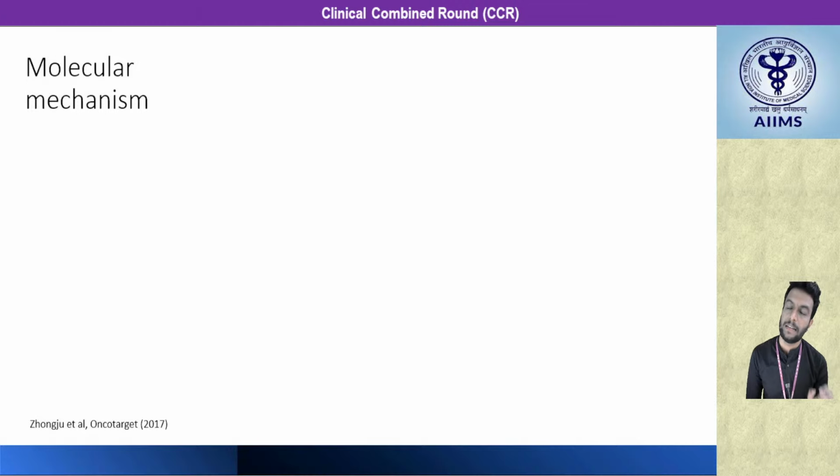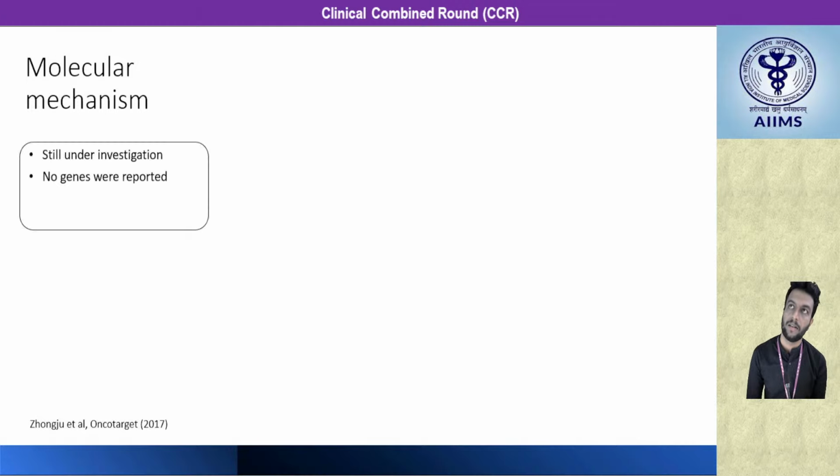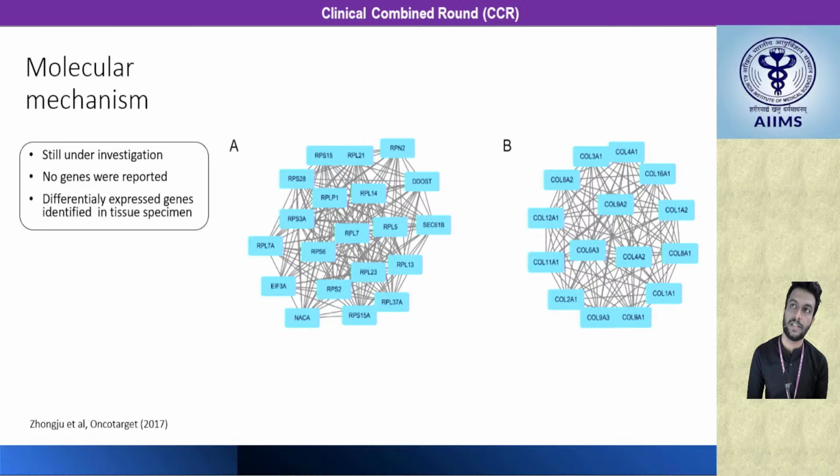Although the established gene has not been found, papers are coming up and investigation is still going on. This paper was published in 2017 from China. A group used a microarray technique on tissue samples compared to control to find differentially expressed genes, underexpressed or overexpressed compared to normal control samples, and they found these through a KEGG pathway network.